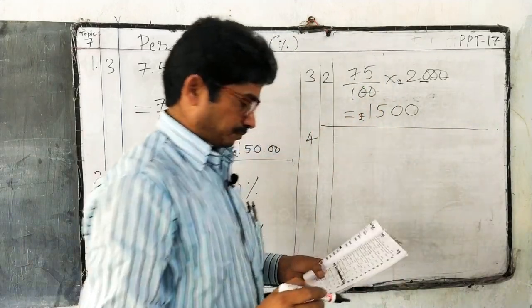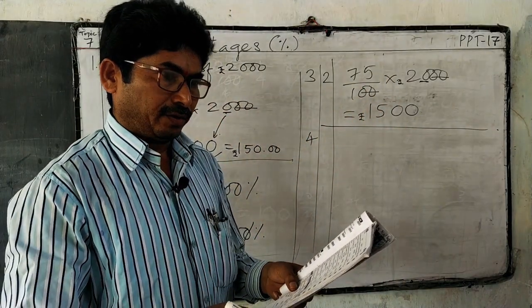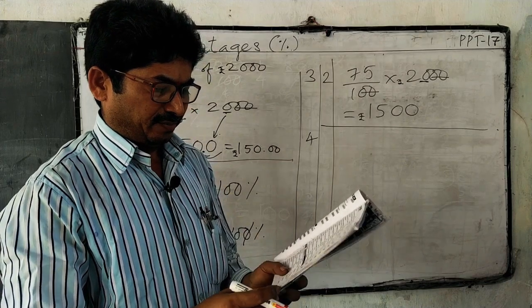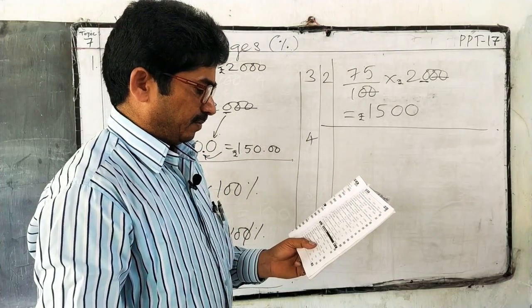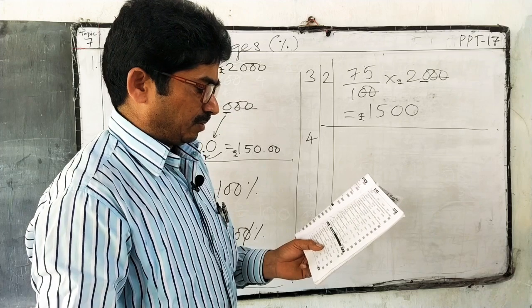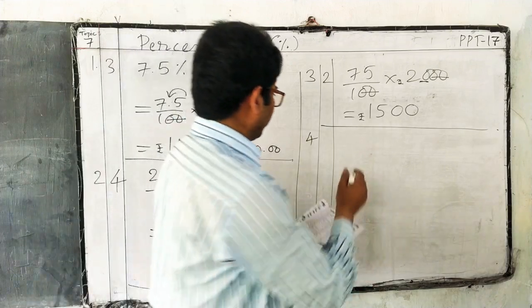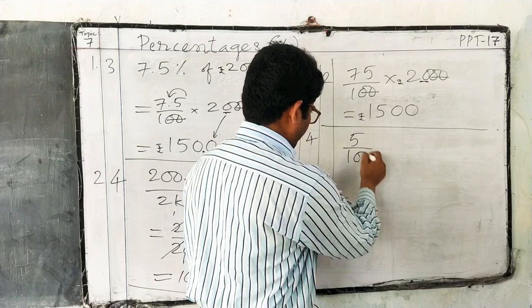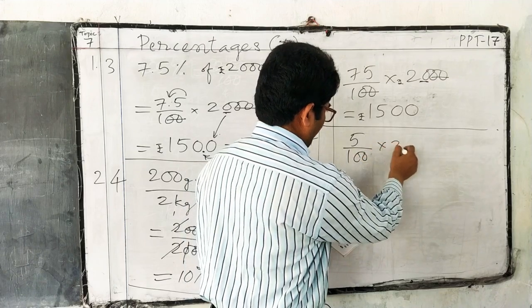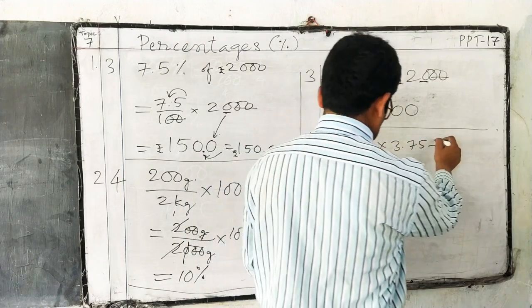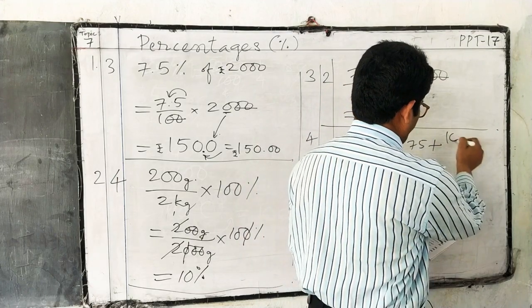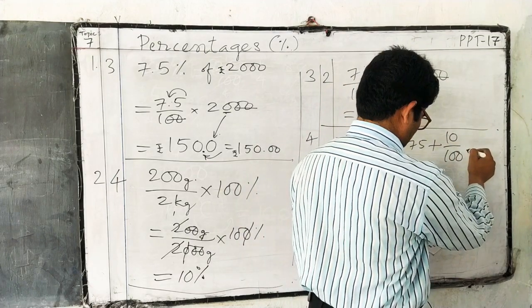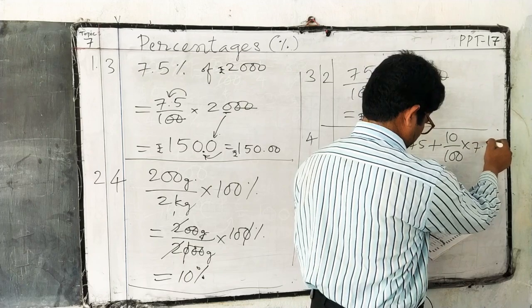Next, 4th. Note the following as decimal. 5% of 3.75 plus 10% of 7.25. 5% means 5 by 100 into 3.75 plus 10%, 10 by 100 into 7.25.